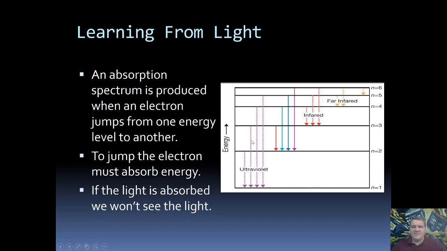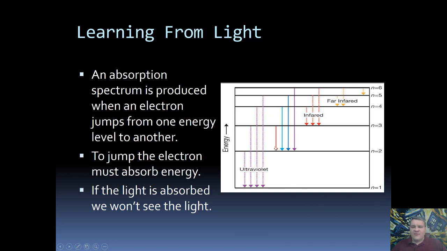So, as light comes in, the electrons will absorb the colors or energies of light that they're able to and transition up. The electron here can absorb red light, it can absorb blue-green, it can absorb blue, or it can absorb purple or violet. However, this electron will not be able to absorb orange or yellow or green, so those colors are going to pass right through.